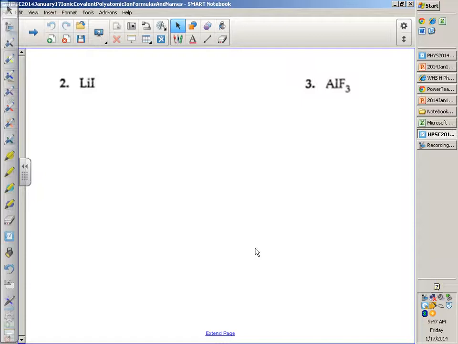I just know that. You have to figure out how to make the names. Part of this exercise. Wait, there's a number. It's like lithium iodide. Mono. It's on the back. Mono iodide. That sounds so bad.